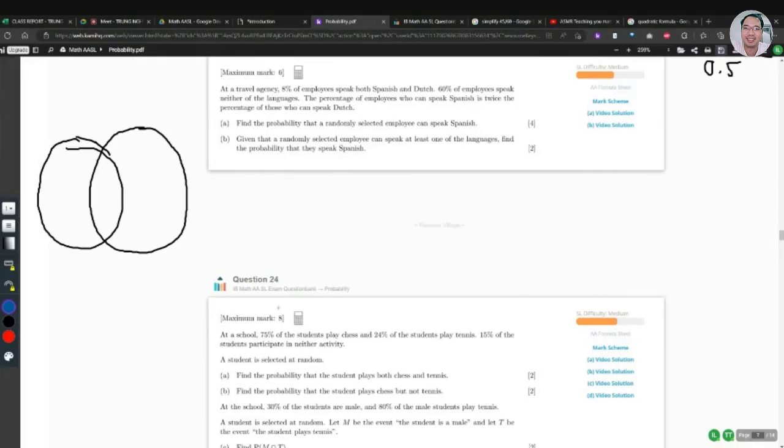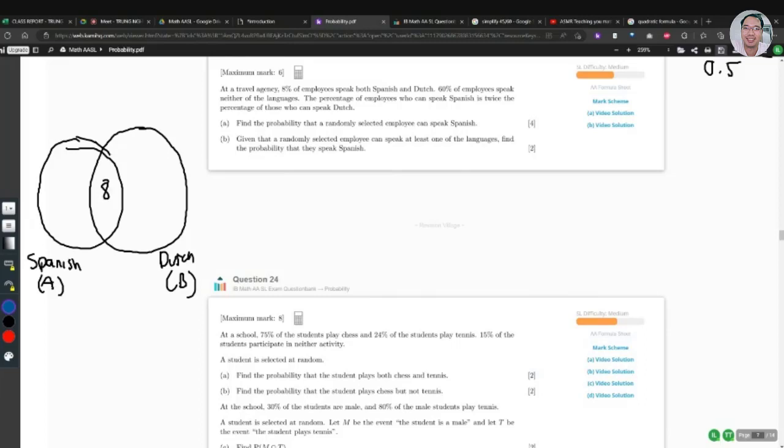Spanish can be represented by the letter S, Dutch by the letter D, or you can use A and B to be familiar. Okay, S and D, or A and B. The middle is 8, I think.